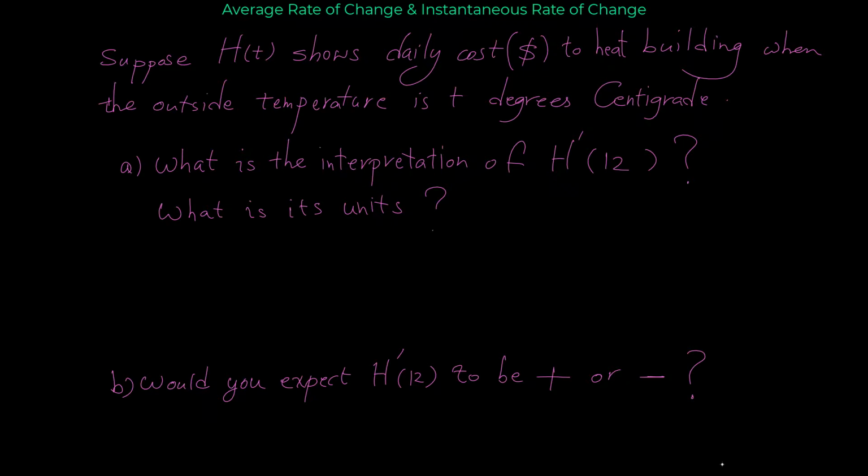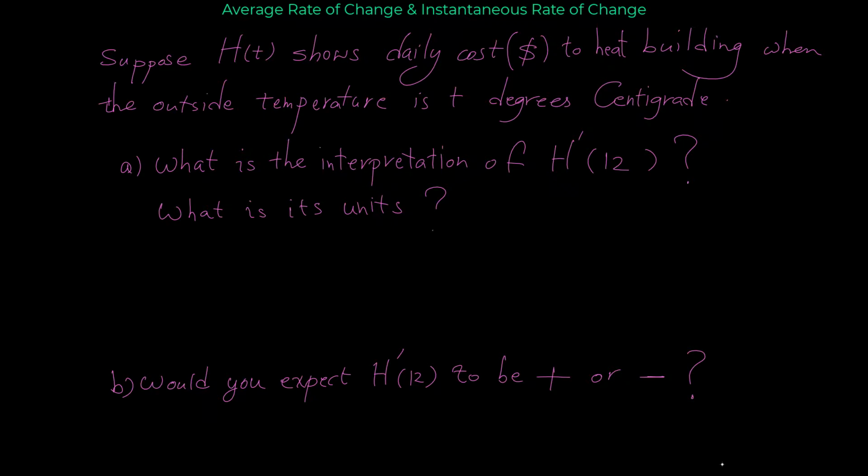But definitely here, derivative doesn't show a slope. A slope of what? Here the question is about heat. So h prime shows rate of change of heat, because derivative of a function can show instantaneous rate of change, or rate of change, if you want to say it's simpler, rate of change of the function.